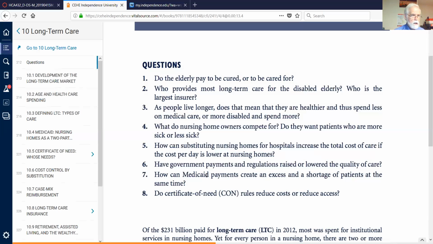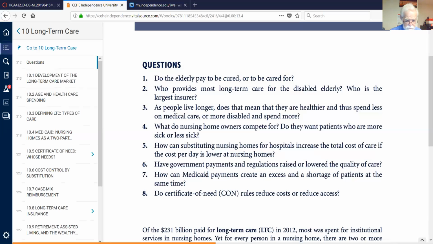So what they compete for really is they would rather have healthier patients. They get paid a fixed amount of money if patients are on Medicaid. They get paid whatever benefits they have for the long-term care.